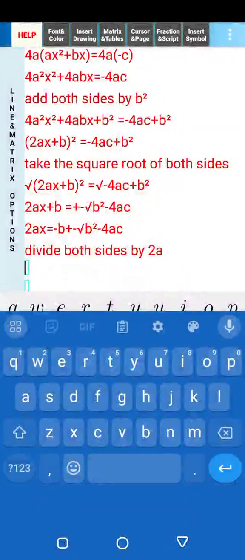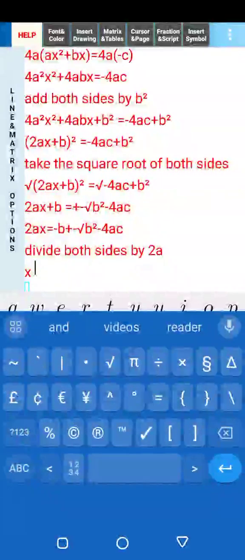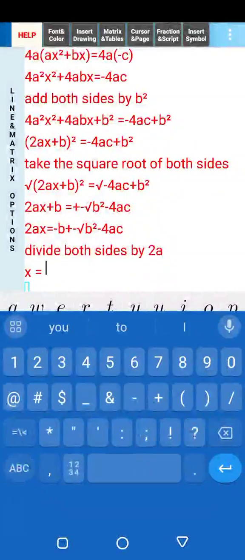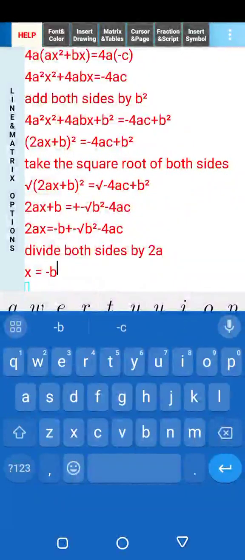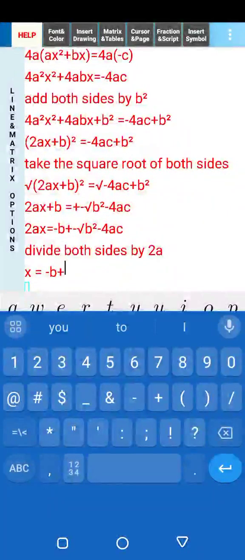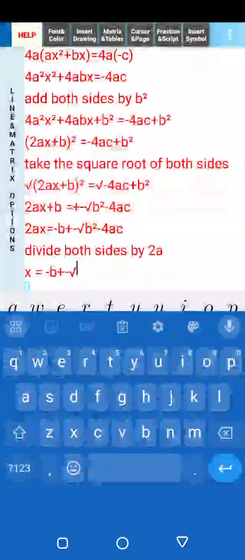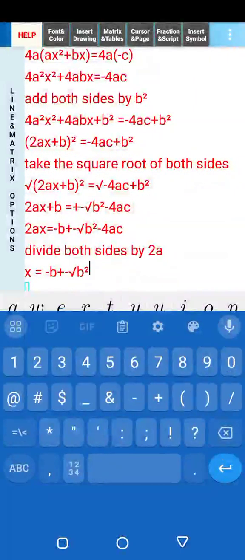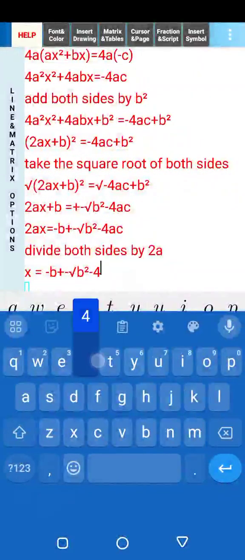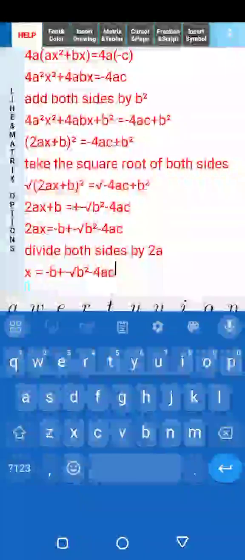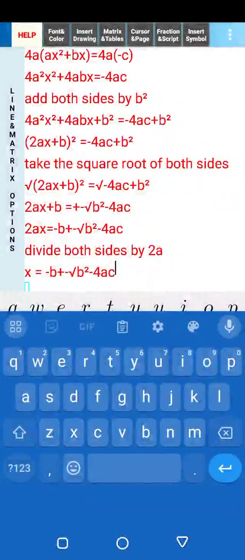If you divide both sides by 2a, it gives you something like this, that is x will be equal to minus b plus or minus root of b square minus 4ac, all over 2a.